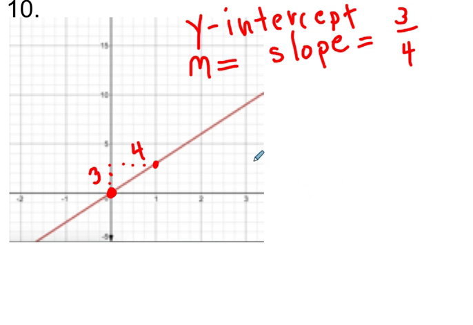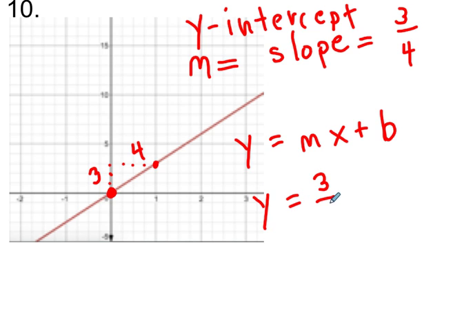So there you have it. So our equation is y is equal to mx plus b, and we've already figured out that y is equal to 3 over 4x, that's our slope, plus 0. And we really don't need to show the plus 0. We just don't have a y-intercept. So there's the answer for number 10.